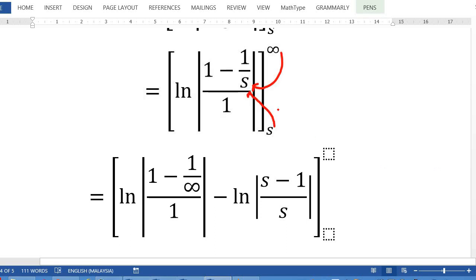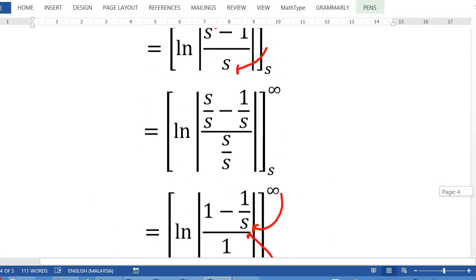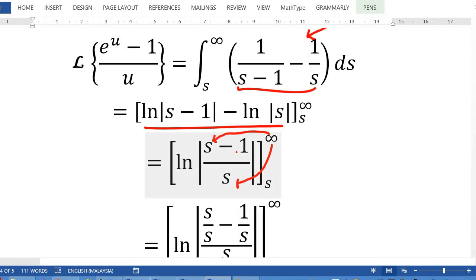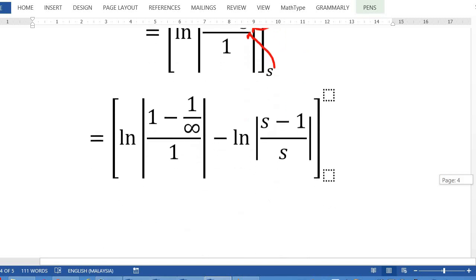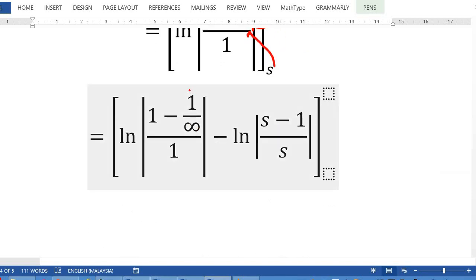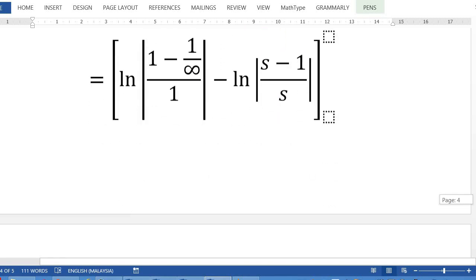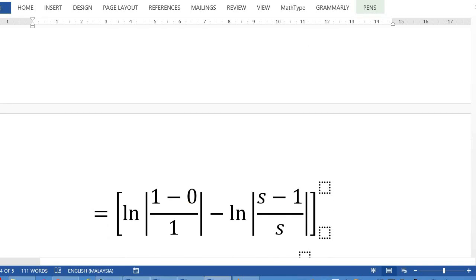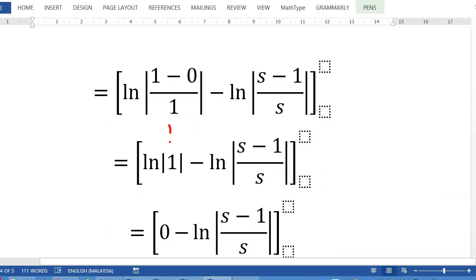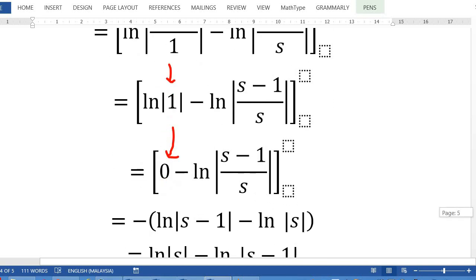get, actually, this one you can simplify, or initially it comes from the term s minus 1. You plug in here s ln s minus 1 over s. Later on, simplify: 1 over infinity is equal to 0. And then you get ln 1, which is equal to 0.